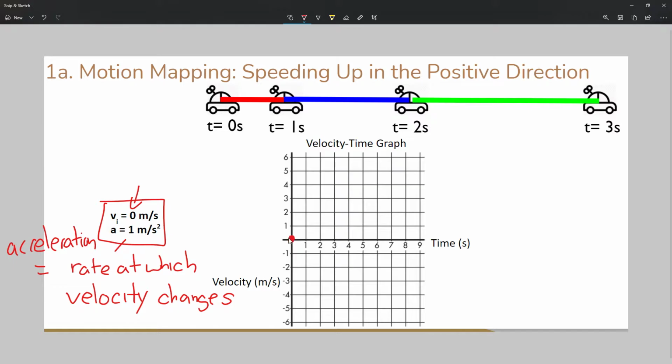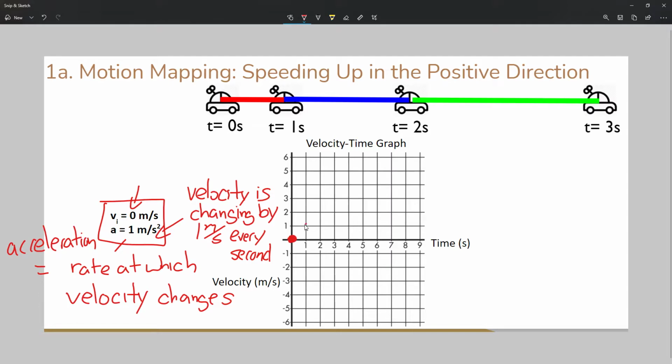And we start at a velocity of 0, so we start over here. If your acceleration is saying that your velocity is changing by 1 meters per second every second, then what's your velocity the next second? If your initial velocity is 0, what's your next number?